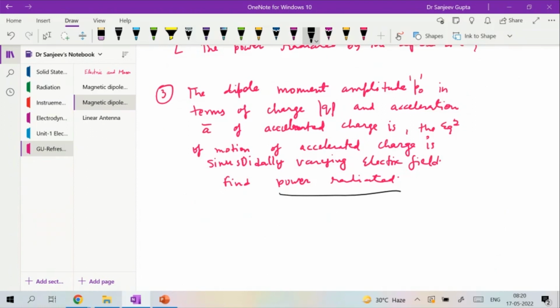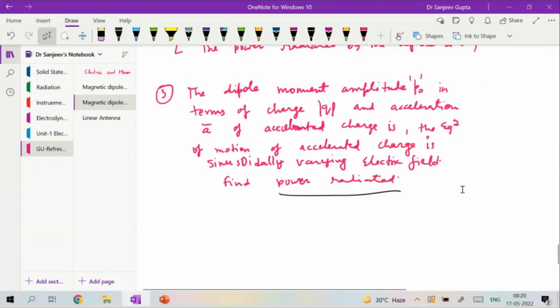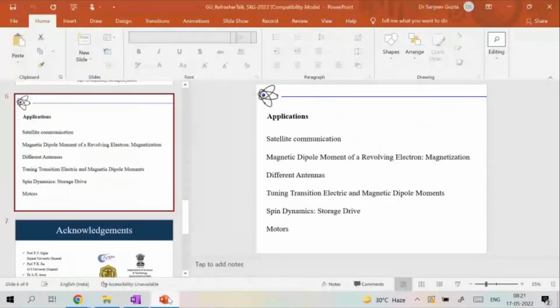You go through them and try to understand both things. Once you understand what the electric dipole moment is and what the magnetic dipole moment is, you can have an idea of how important these are.